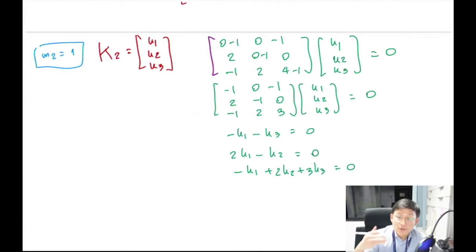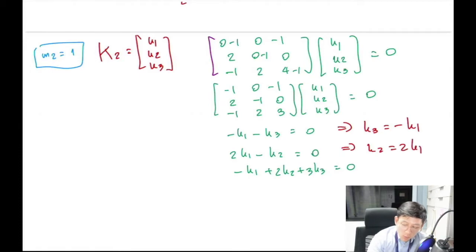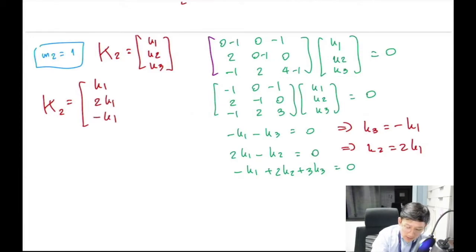Then you write k2 and k3 in terms of k1 again, which means that k3 is minus k1 and k2 is 2k1. So K2 is k1, 2k1, and then minus k1.